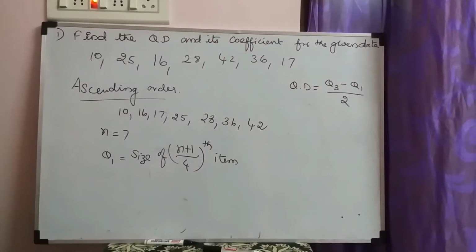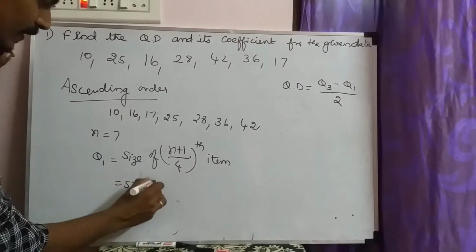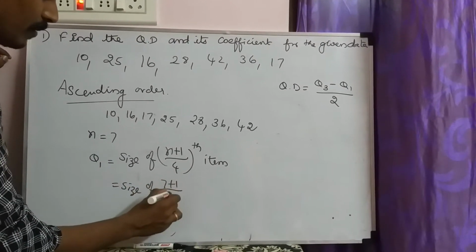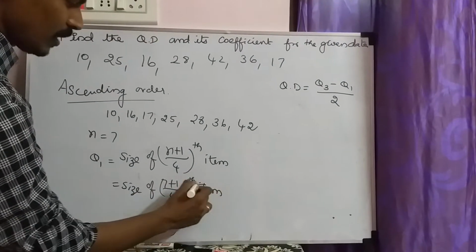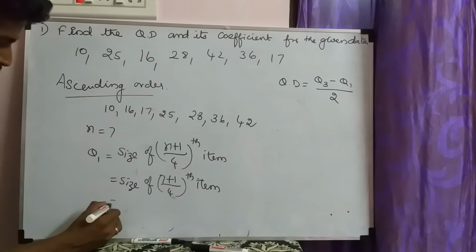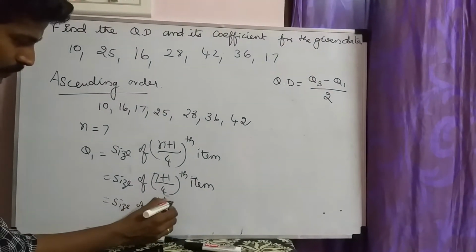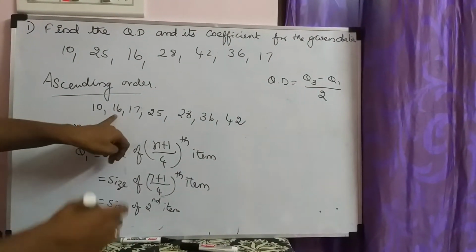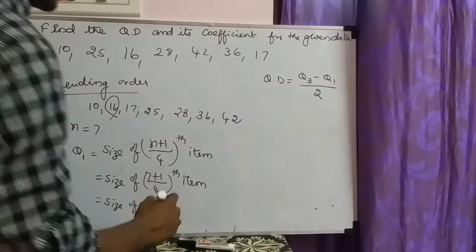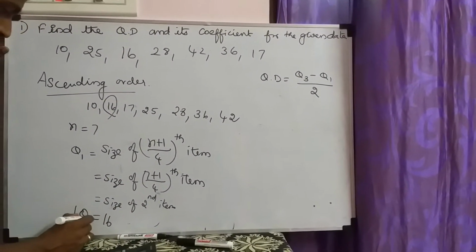Here the n value is 7, so 7 plus 1 divided by 4 is 8 by 4, which is the size of the second item. The second item is 16. Therefore Q1 is 16.